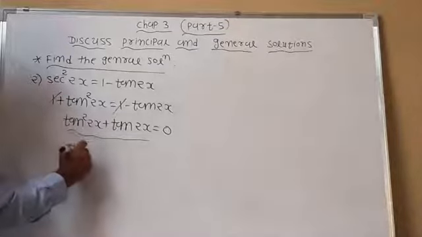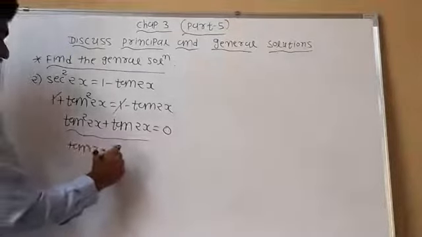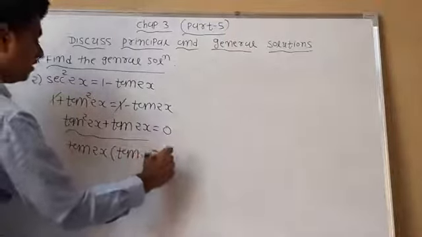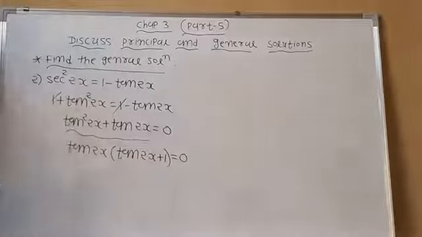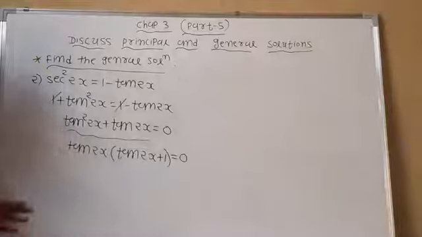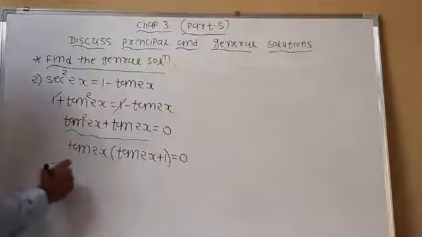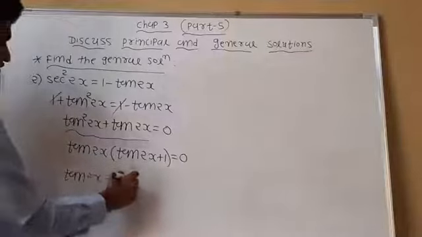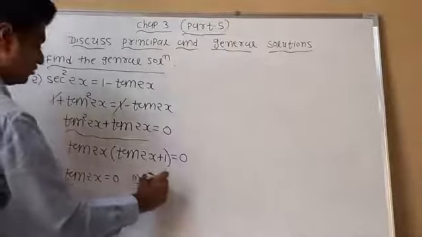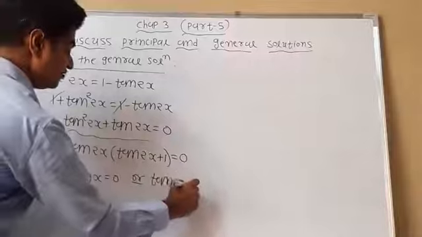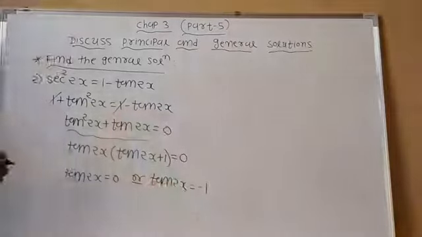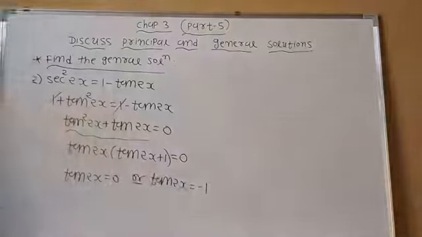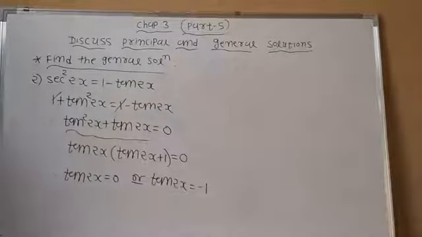We can take common tan 2x into bracket tan 2x plus 1 is equal to 0. Now both these terms compare with 0. So therefore tan 2x is equal to 0 or the other value tan 2x plus 1 is equal to 0, so tan 2x is equal to minus 1.